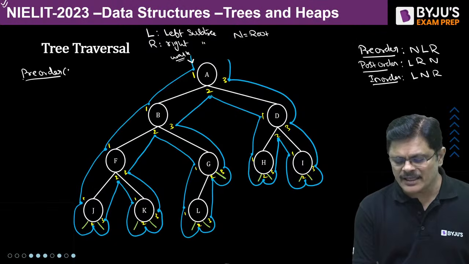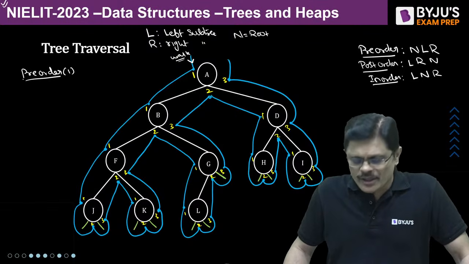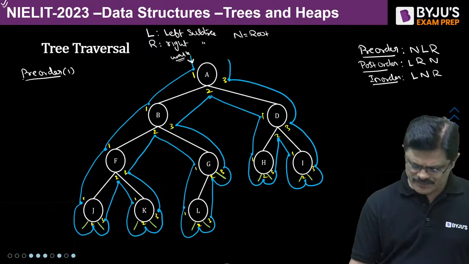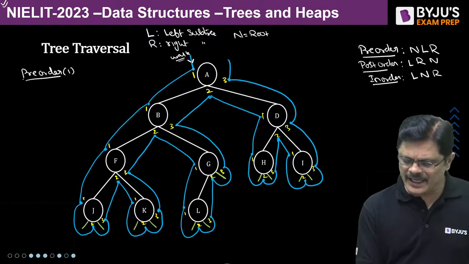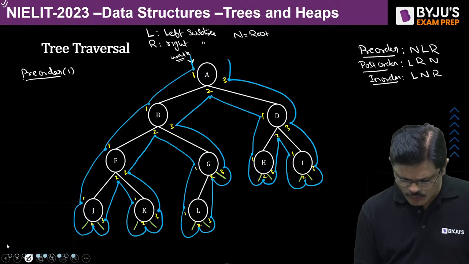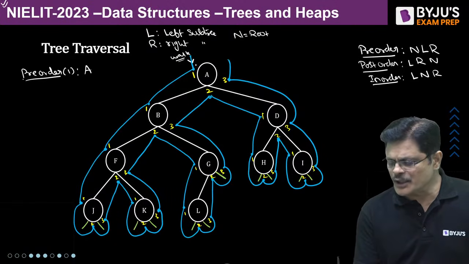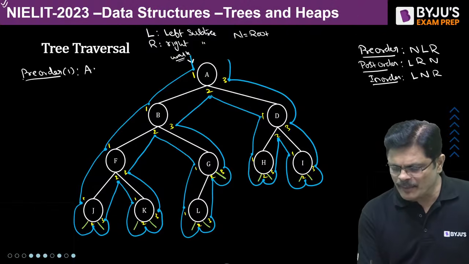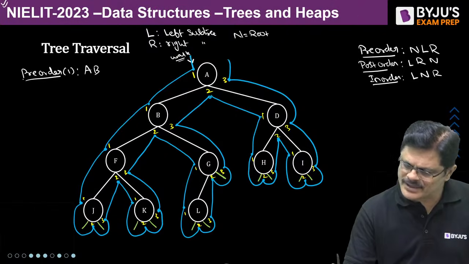If you print the nodes corresponding to the ones in the walk, you are going to get the pre-order. So start walking from here. When you find A with a 1, print it. Just walk, and whenever you find a 1, you print it. Continue your walk. Again you find a 1, print it. Like this you are walking.